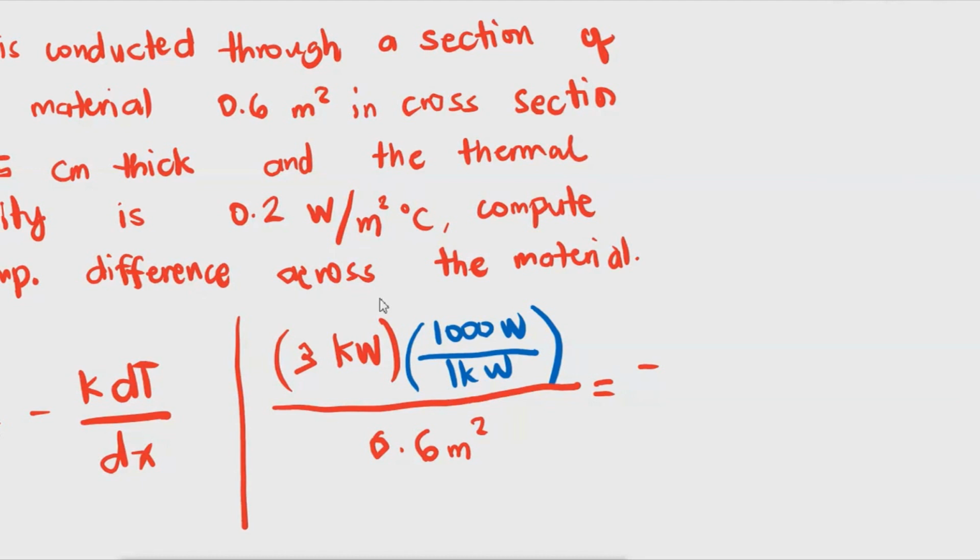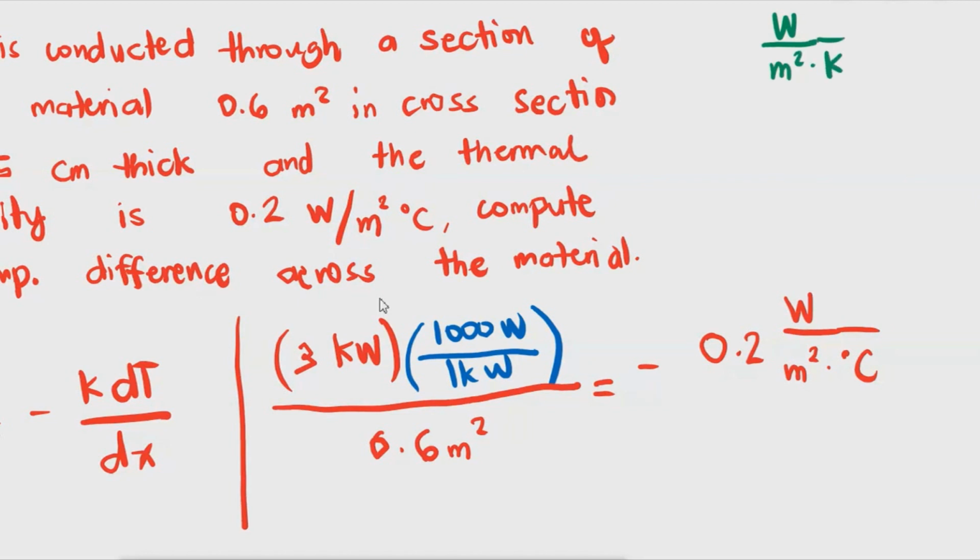So our K here would be 0.2, and it is already given in the correct unit. So, mapansin nyo, siya ay watts per meter squared degrees Celsius. Now, there are cases when the unit is given as watt per meter squared Kelvin.